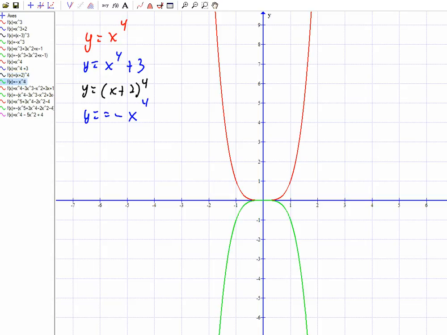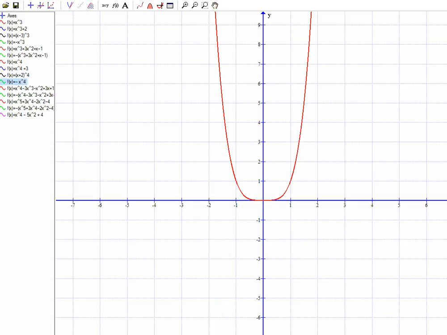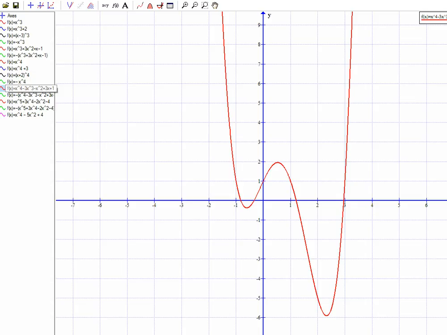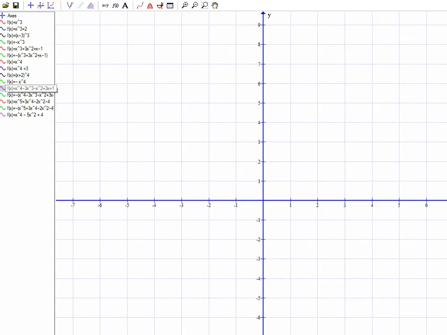So it should just flip upside down, and that's exactly what takes place. Again, that's because of that negative. It just flips everything right down. Okay, next one. Keep graphing them.